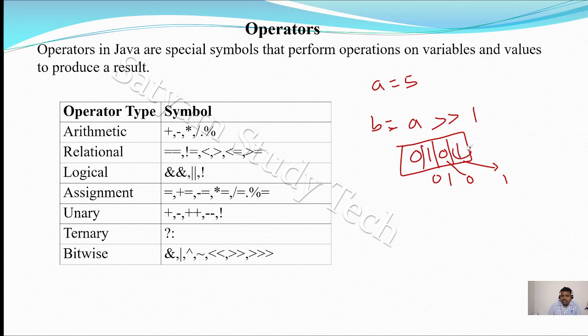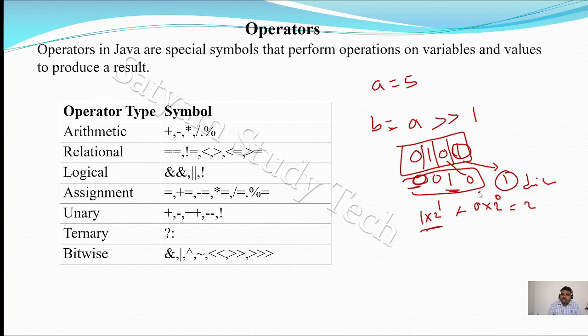Simply shift this one bit. The vacant position is there, so add 0 here. What happens to the bit shifted out on the right side? It is discarded. So what is the value here? 0010. That value is 0 into 2 power 0 plus 1 into 2 power 1. So the value is 2.